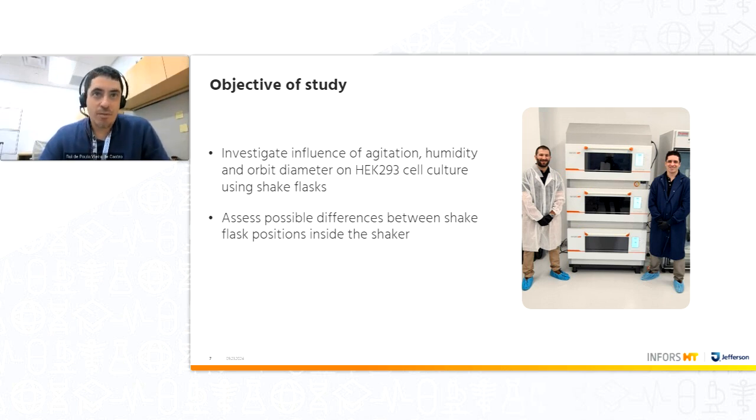So here in JIB right now, the first step to really have a scalable viral vector production platform using HEK293 suspension cell lines is to test the cell culture with different levels of these variables. In particular, we need to know which condition will provide us the highest cell density and also the highest specific growth rate.